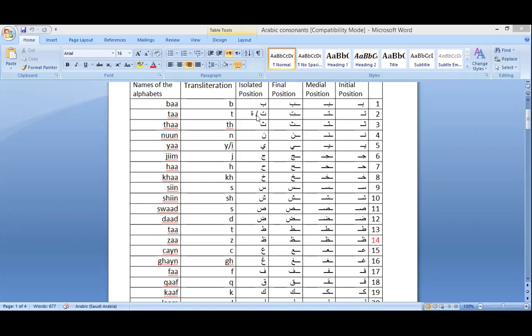But if you turn the letter up or down, it means there's no room for connection. If you say this is ba and you want to connect it with other letters, it is impossible because it is already turned up. It's closed. When you say this is ja, and you want to connect this shape with another letter, it's nearly impossible because it's already closed. But initial means letters are left free here for other letters to be joined.